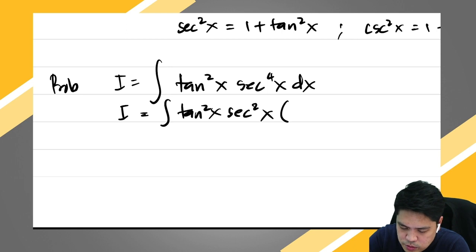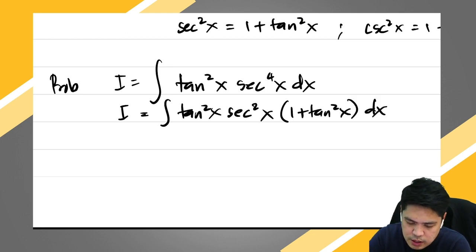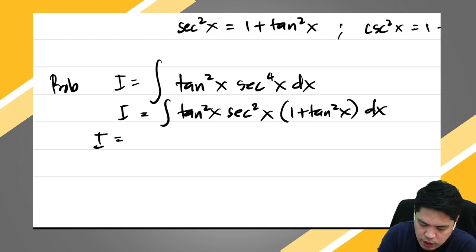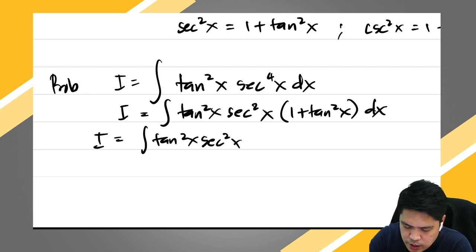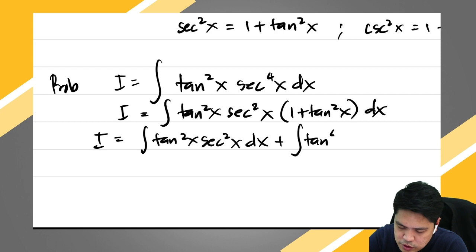So this would be 1 plus tangent squared x dx. Then distribute, we'll have I is equal to the integral of tangent squared x secant squared x dx plus the integral of tangent raised to 4x secant squared x dx.